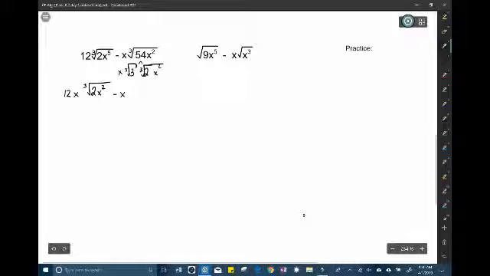So that's x times 3 times the cubic root of 2x squared. So end up with 12x and the cubic roots. And they end up being the same, so we can subtract them to 9x cubic roots of 2x squared.